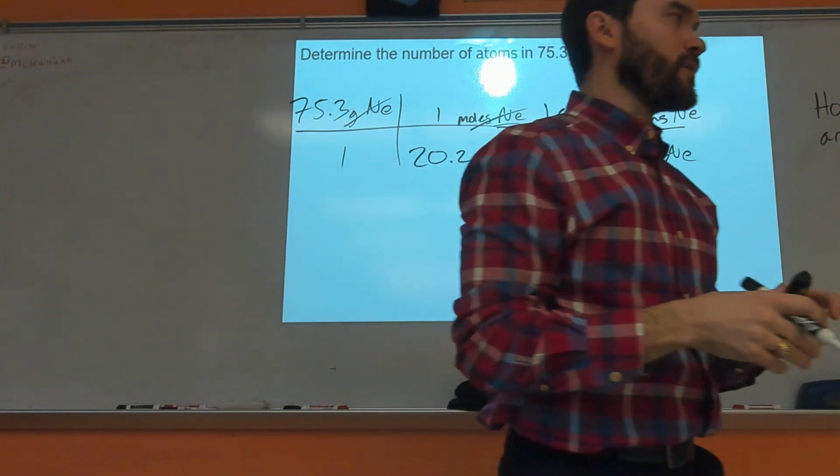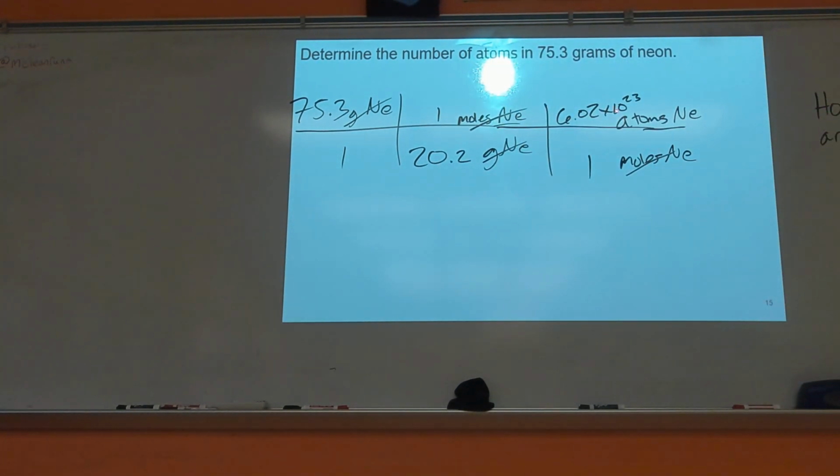Again, a mole is just a number. If I had a dozen down there, this would be 12. A mole is just a gigantic number called Avogadro's number, and that's 6.02 times 10 to the 23rd. The reason is that 1 mole of anything is that number, just like 1 dozen of anything is 12.